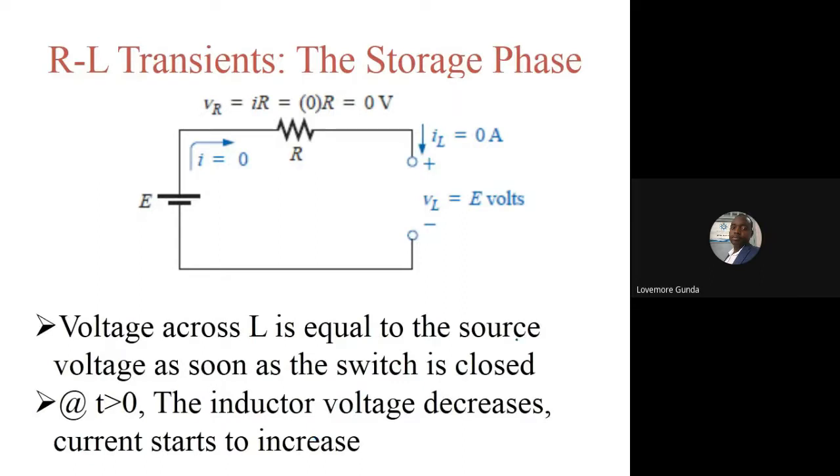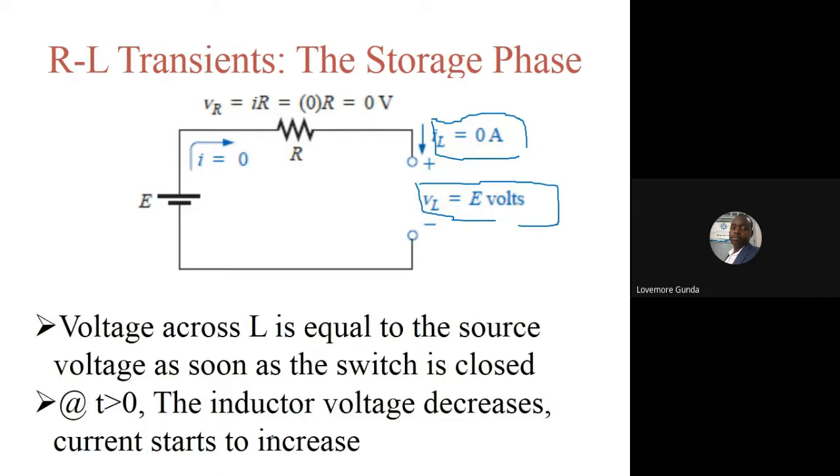In other words, at t equals 0, IL is equal to 0, VL is equal to E. These are our initial conditions. Then the voltage across R1 is also equal to 0, so there's no current flowing. The voltage across L is equal to the source voltage as soon as the switch is closed. That's why it's called E.